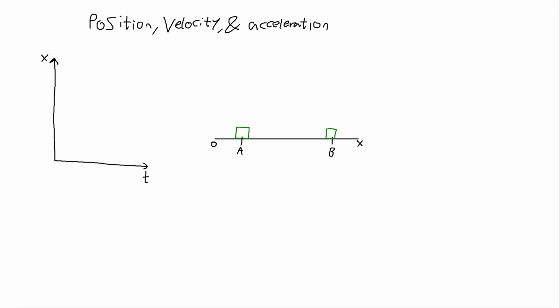Let's go back to this object moving example. Instead of looking at the object itself, we can graph its position over time. And if we take the slope of this line between the 2 points, where the slope is just rise over run, we have rise, which is the change in position, divided by the change in time, or the run.